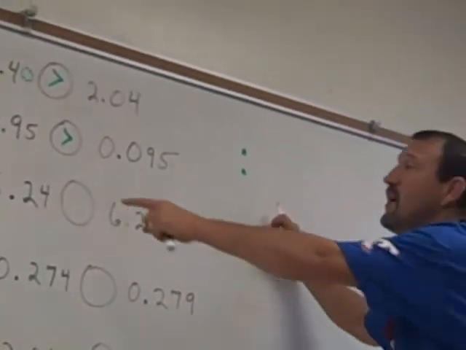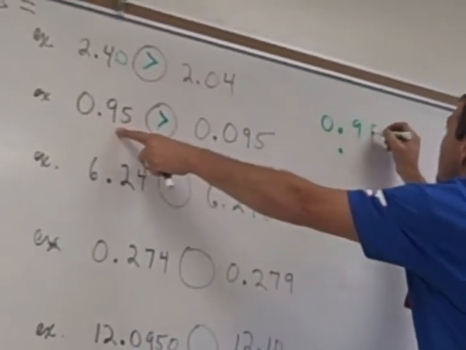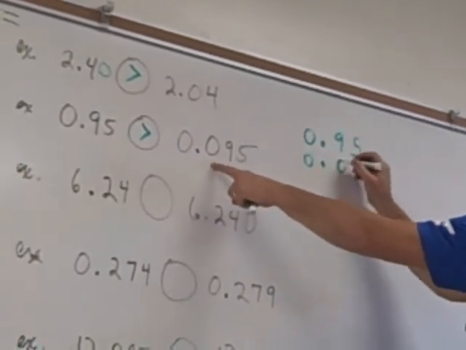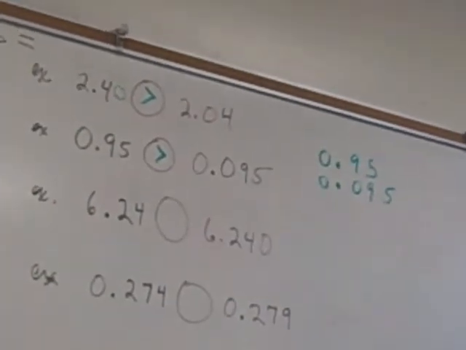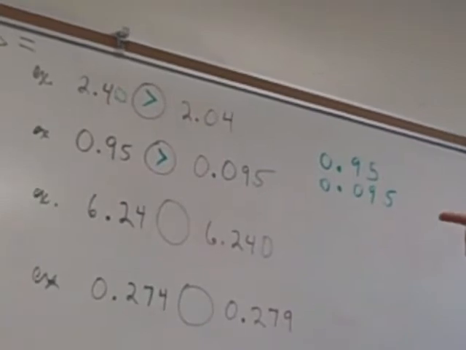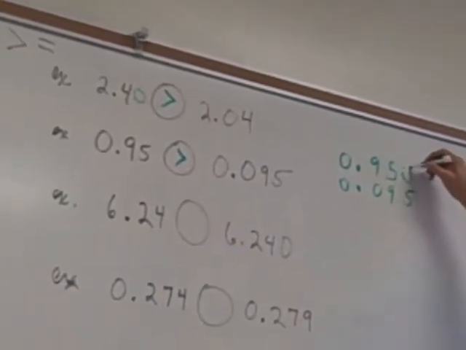So on the first one, I have a 0 on the left, a 9, then a 5. Next one, I have a 0 on the left, and then a 0, 9, 5. Fill in the blank place value with a 0.